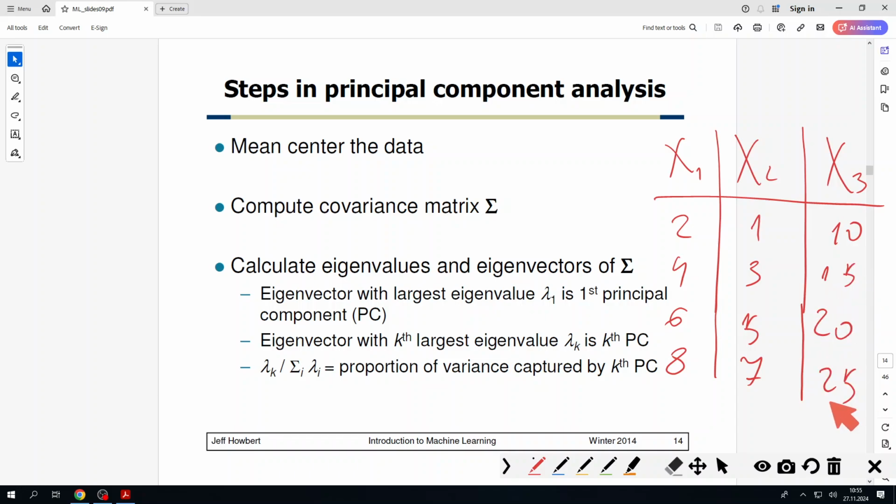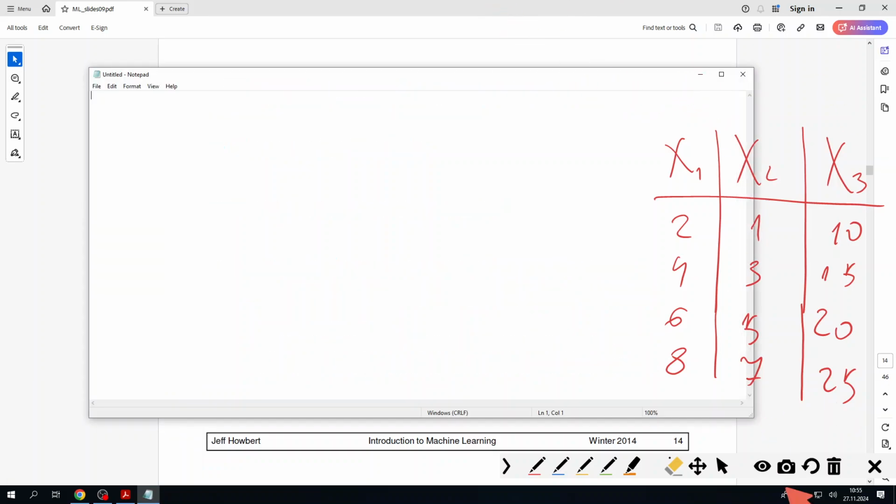So now I'm going to show you an example of how we are supposed to calculate this covariance matrix and how we can use it afterwards. Now, it is really simple actually.